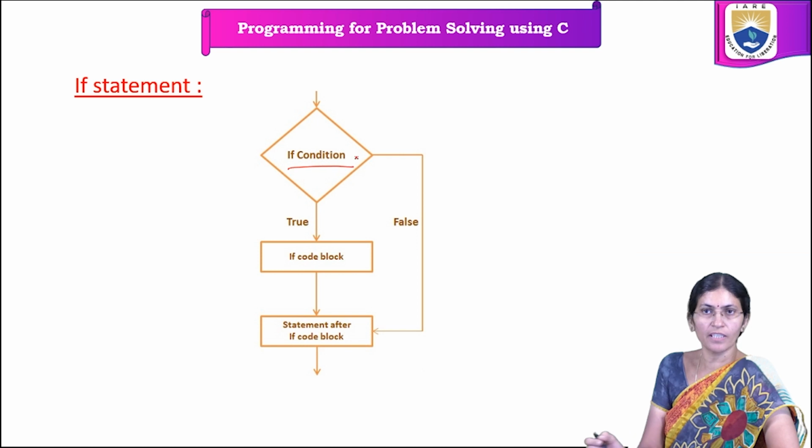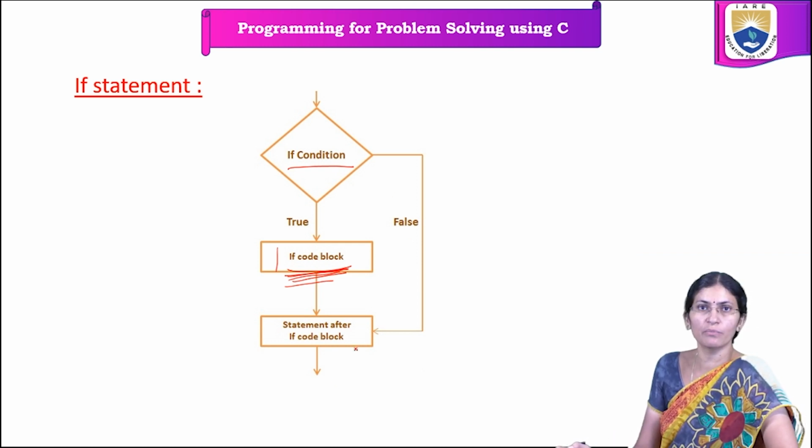First, the conditional expression is evaluated. If it is true, the statements inside the if block are executed. If the condition is false, then the statements after this if block are executed.